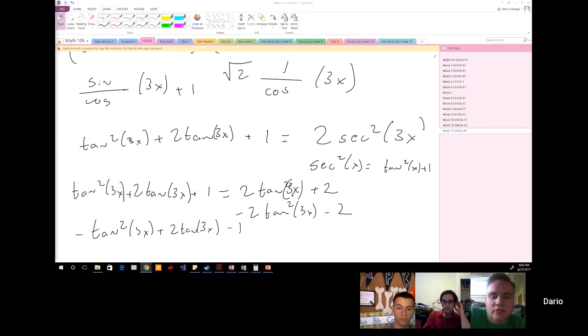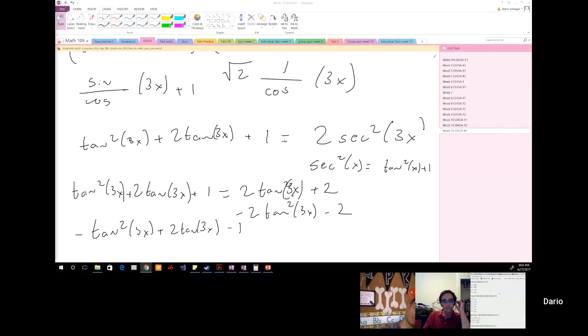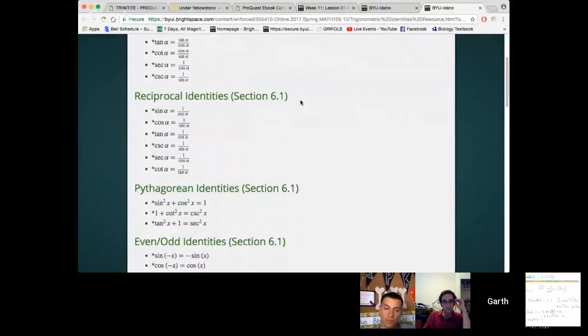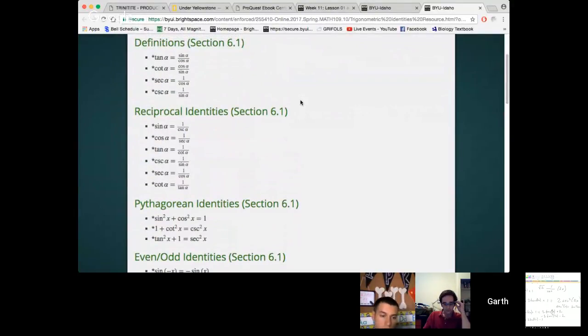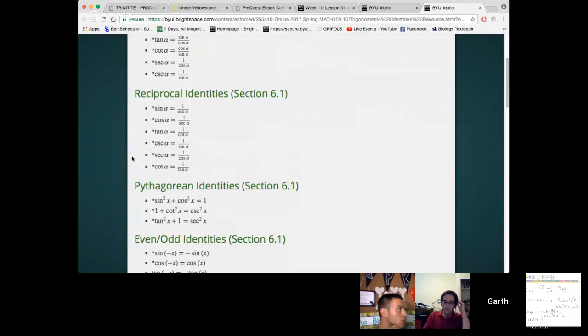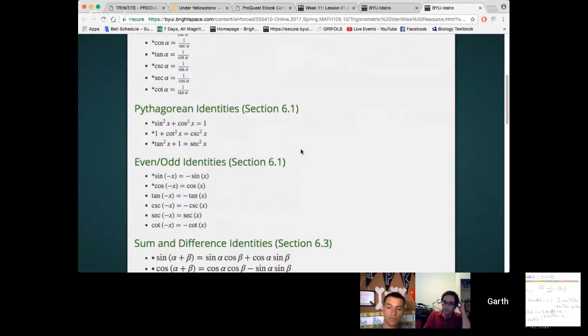Okay, I'm gonna share this. Here's what she gave us last week. Probably just be up here, wouldn't it? Yeah, well, what I was using was the one with the Pythagorean identities. So I'm not sure.